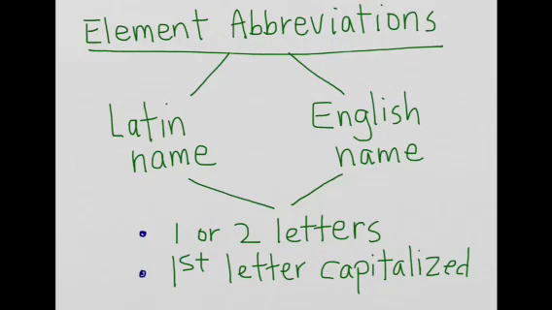For right now, I want to talk about some of the elements that you might see in the table that have three letters in the abbreviation. For example, you may have seen an abbreviation, something like this, in the table. This is the abbreviation for an element that has not yet been discovered, and therefore it hasn't been given a name, but it's predicted by the table, and so they've kind of reserved a place for it, and they've created a way of talking about it by giving it this three-letter abbreviation.